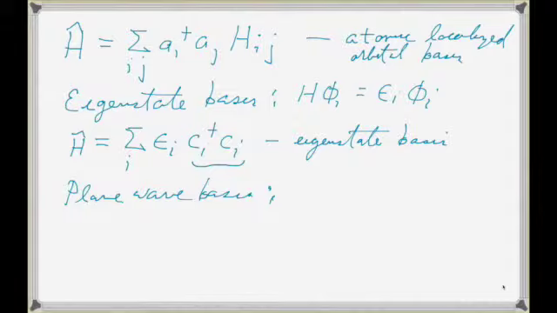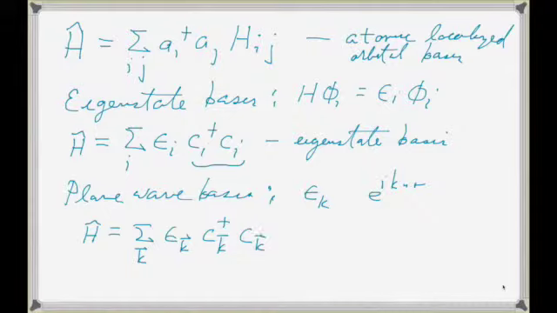So in this case, the eigenenergies are e_k, your orbitals are e to the i k dot r, and so your Hamiltonian is just the sum over k of e_k c_k dagger c_k. And that takes care of your whole single particle Hamiltonian. And all the interesting stuff is in your interactions.